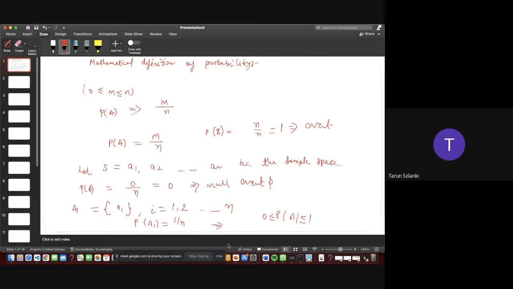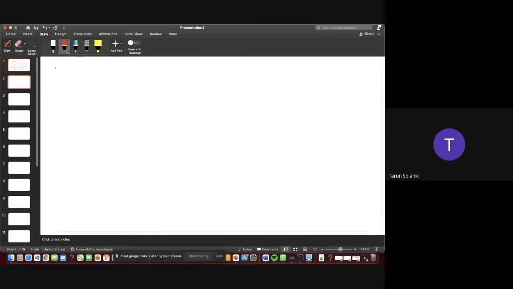So for 0 less than m less than n, that is 0 less than m by n less than or equal to 1, that is, 0 is less than or equal to P of A. This means probability always lies between 0 and 1, both included.